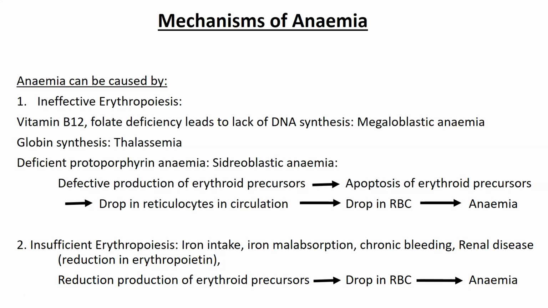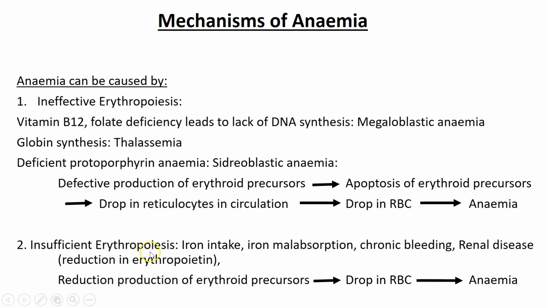It's not being stopped, so it's chronic. Kidney disease, because kidneys are responsible for producing erythropoietin. So not enough iron, iron not being absorbed or processed in the body properly, chronic bleeding, kidney disease, all of these can lead to insufficient erythropoiesis.